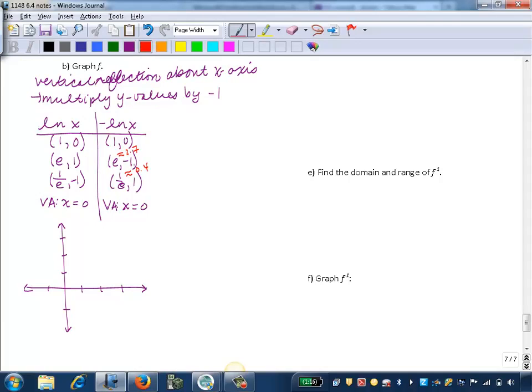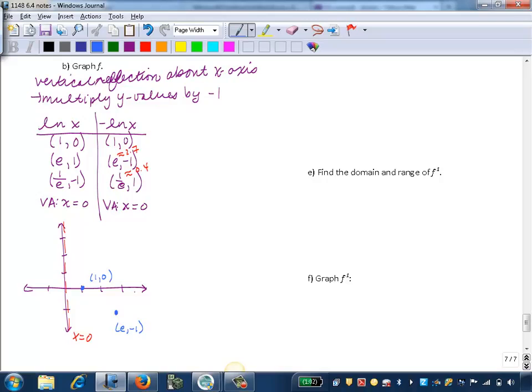So we'll first label that vertical asymptote on the y-axis at x equals 0. So there's our boundary line. Our ramp has to approach that boundary line. So we'll first plot 1, 0. And then we want e, -1, so about 2.7, -1. So we can label these here, 1, 0, e, -1.